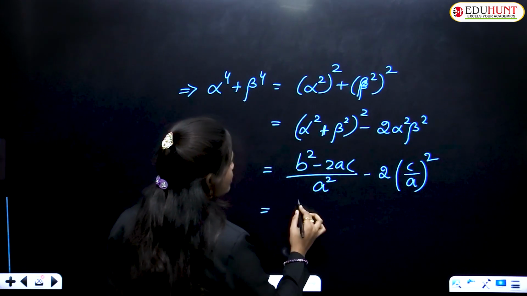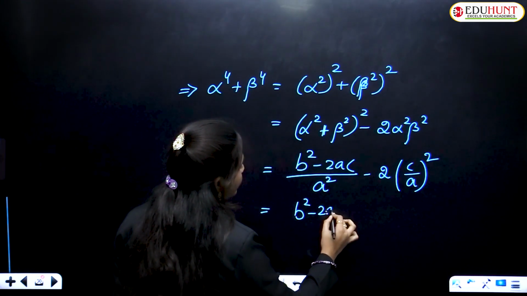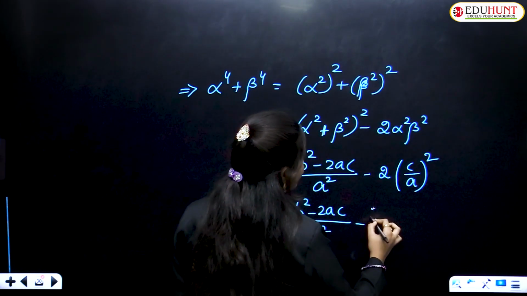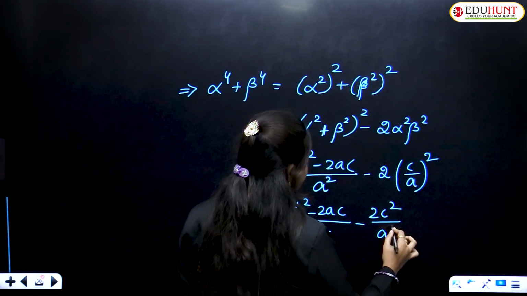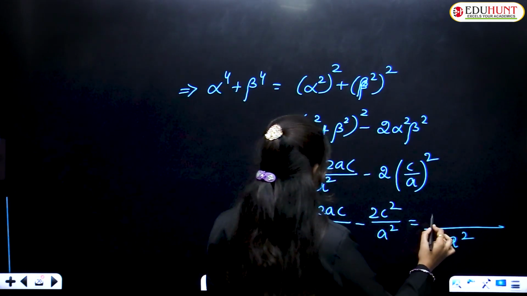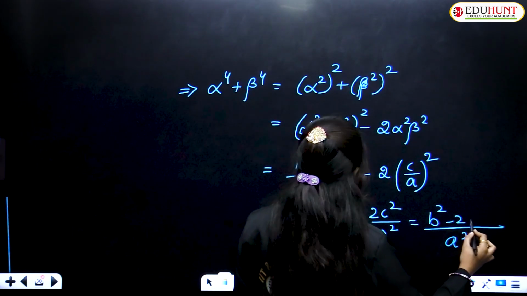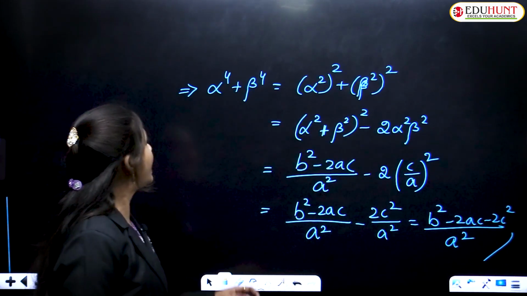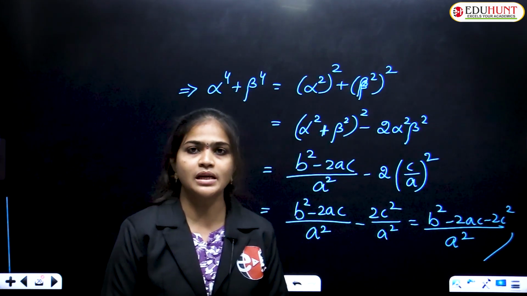Which is equals to b square minus 2ac by a square minus 2c square by a square. So LCM is a square. So b square minus 2ac minus 2c square. So this is the value of alpha power 4 plus beta power 4.